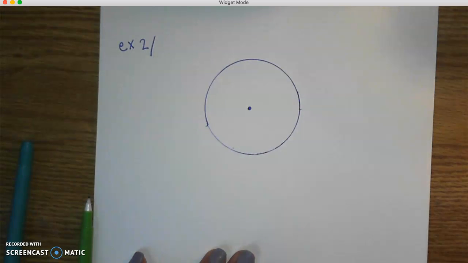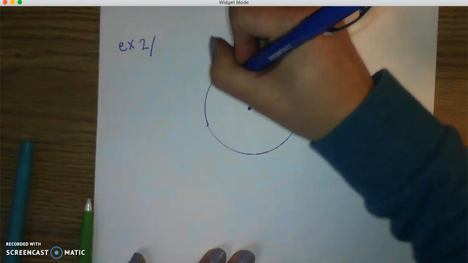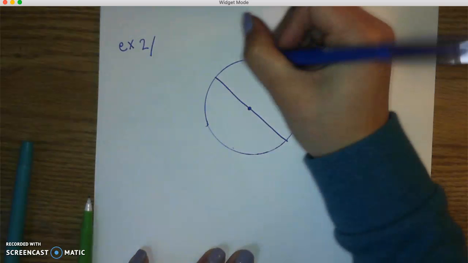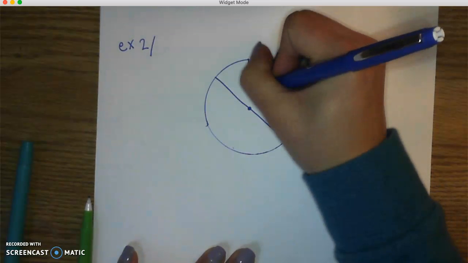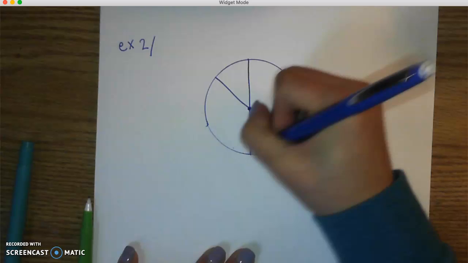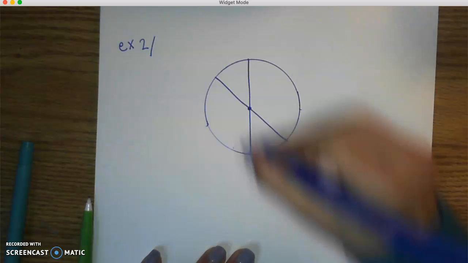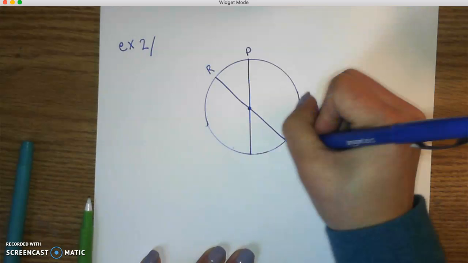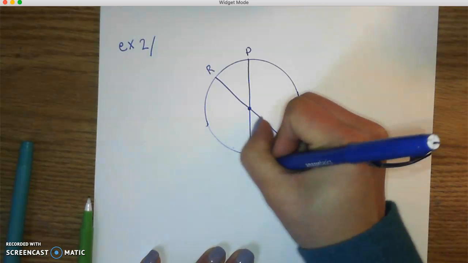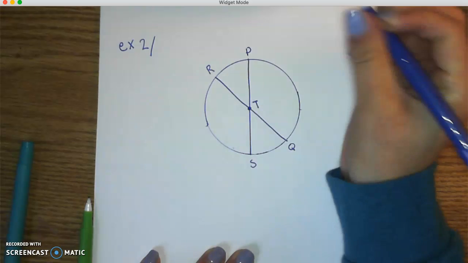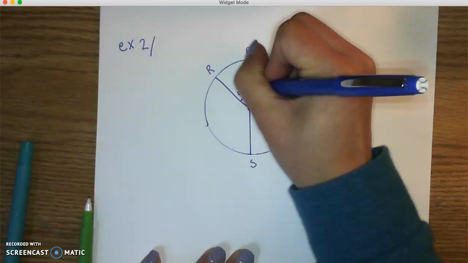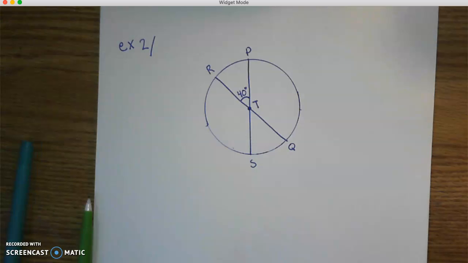All right. So I have a line going through the middle. That's a diameter. And you know what? I'm going to have 2 diameters this time. This is going to be R, P, Q, S. We'll name the center T. And all I'm going to tell you is that this central angle is 40 degrees.